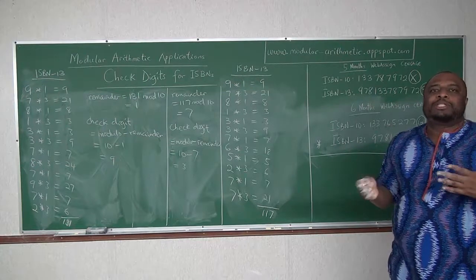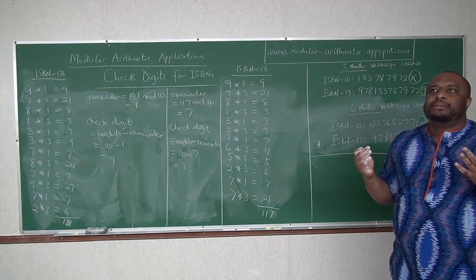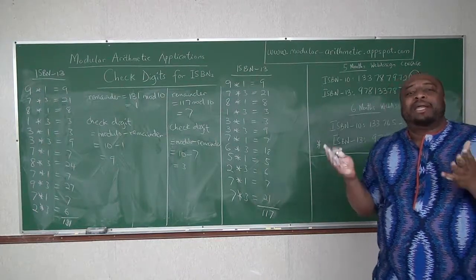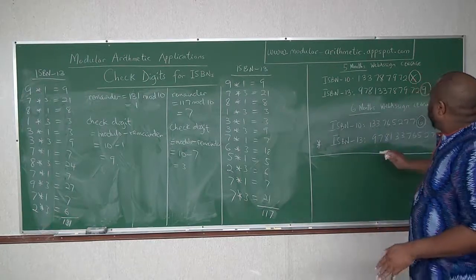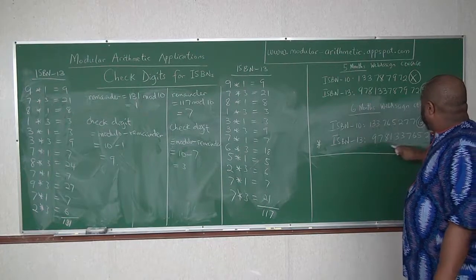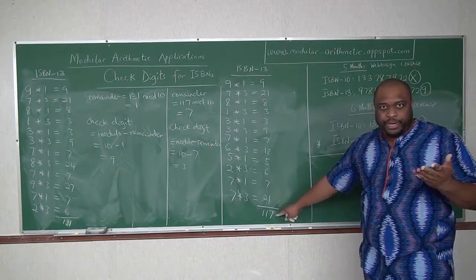I want to explain how you can determine if the ISBN is valid or not. So with ISBN-13, without the check digit, we have 117, right?